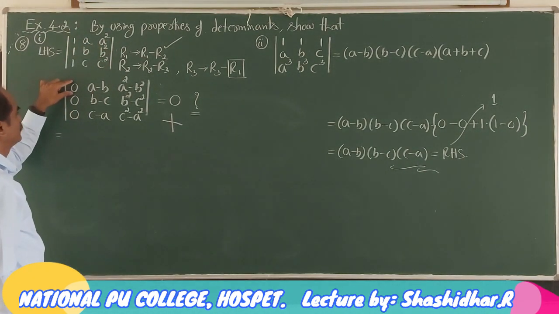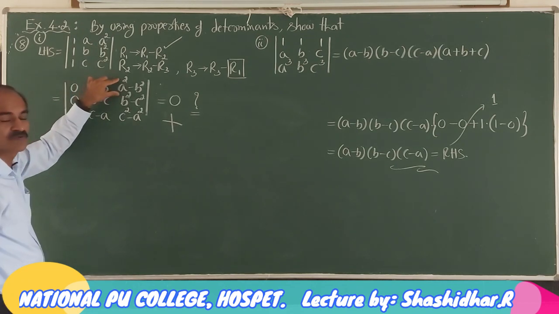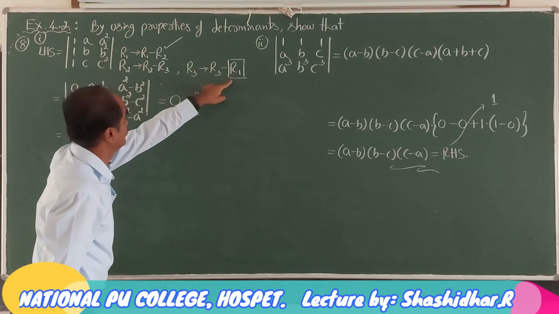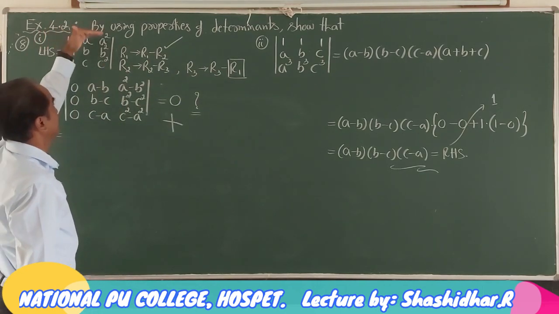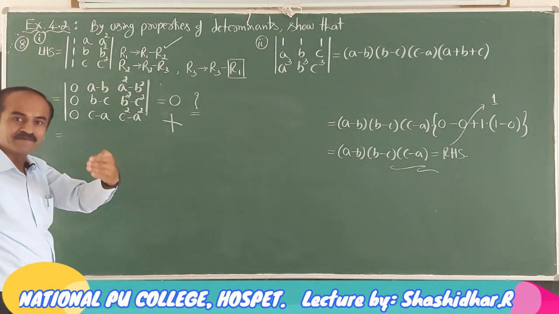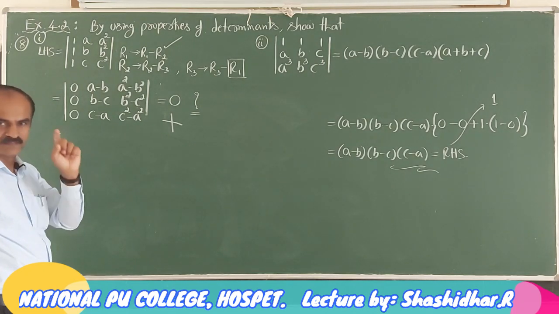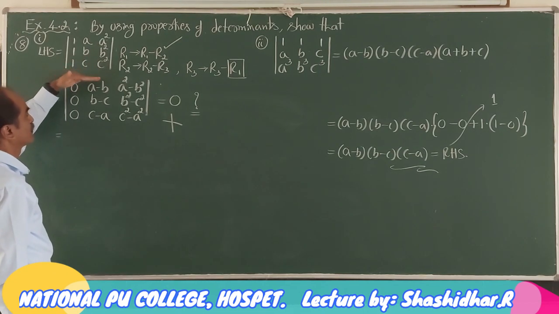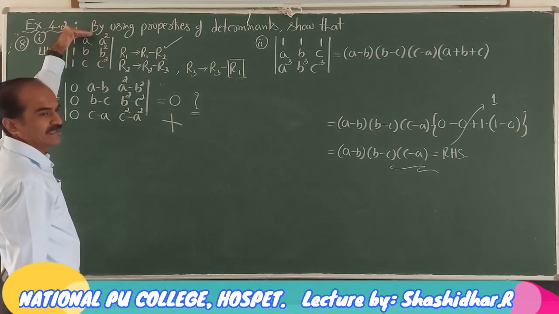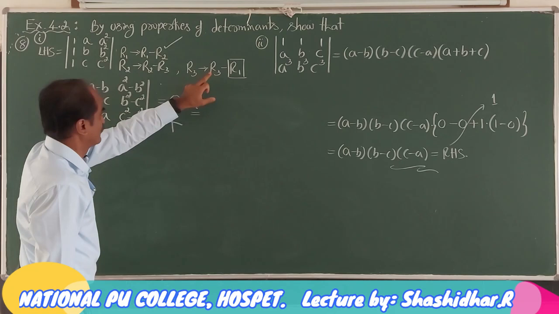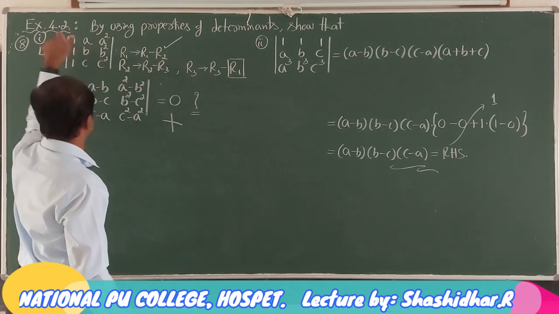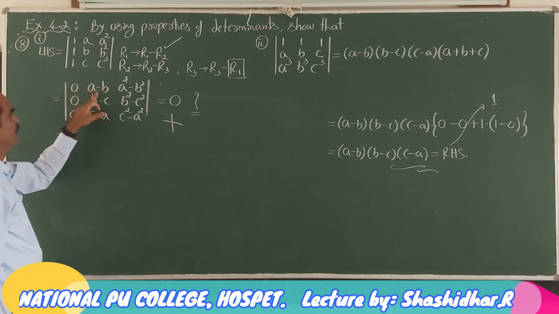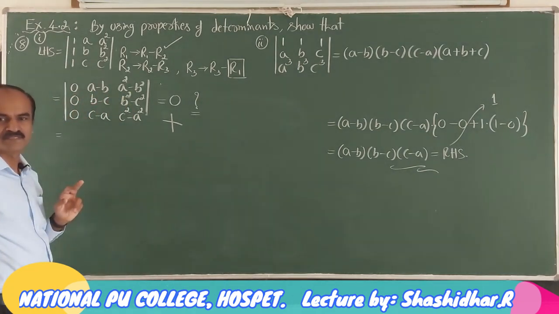They change to 0, A minus B, A square minus B square. But here what we did is we referred to the values 1, A, A square, the earlier values. That is wrong, because we already changed the first row elements. You are not supposed to take 1, A, A square once again. In order to use this, of course you can apply it, but instead of referring to 1, A, A square, the R1 elements must be taken as 0, A minus B, A square minus B square.